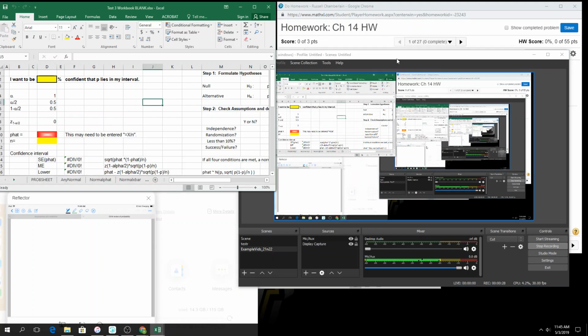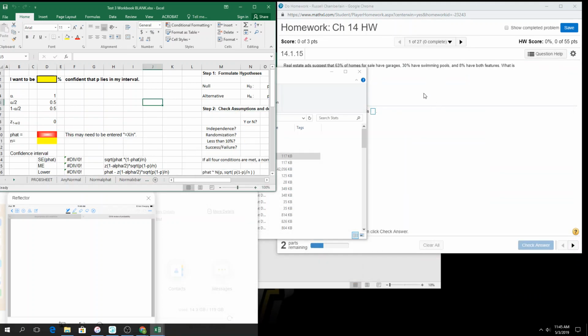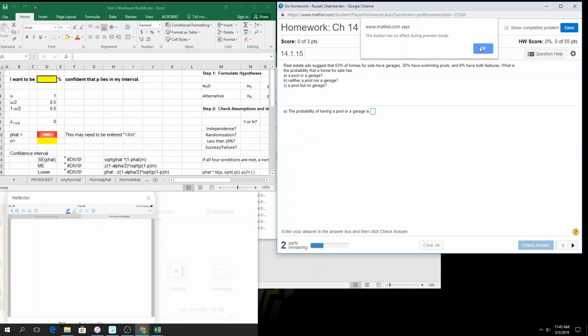Let's just run through this. Yeah, so I'm going to do a bunch of these. Let's start with this one. So what do we have here? 63% of homes have garages. 63%, or we could say 0.63.